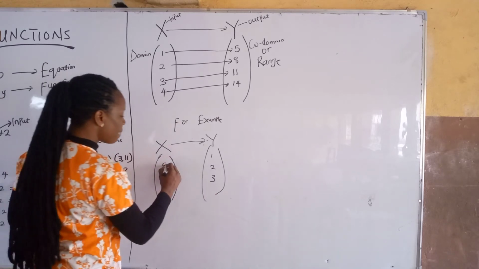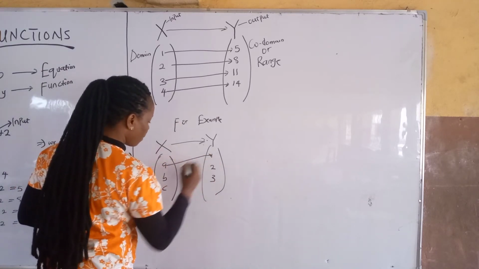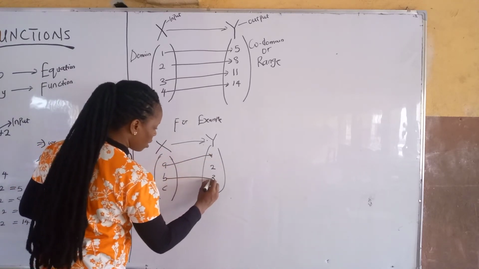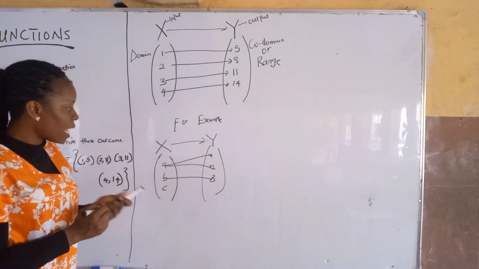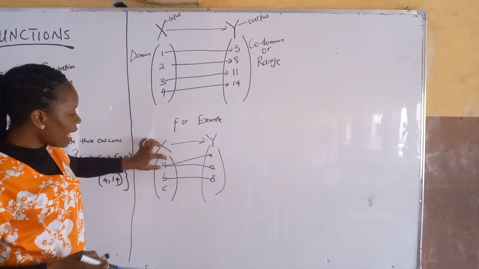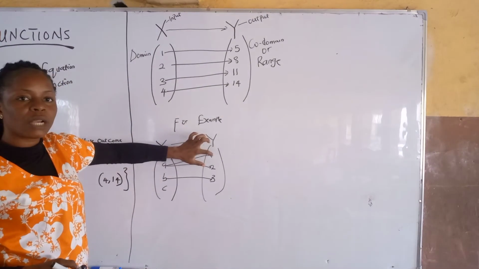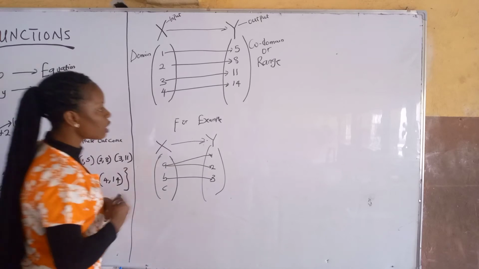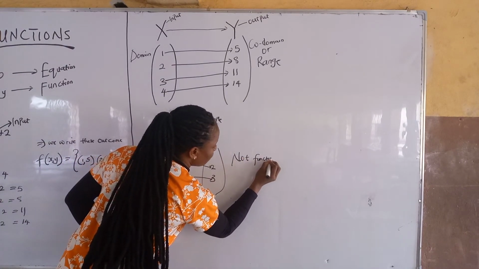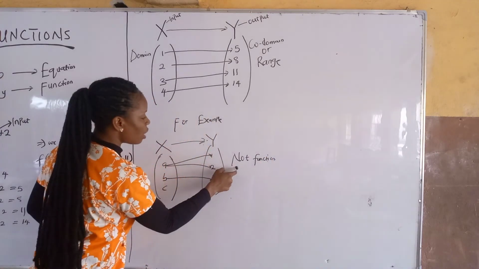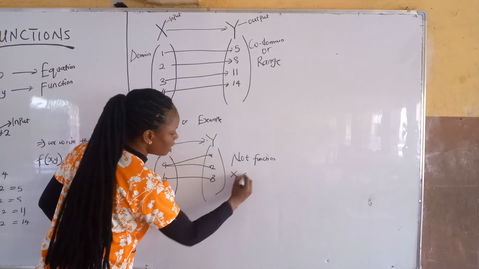Now, if this maps here, and this maps here, and this also maps here, please look at the board and look at the mapping. A is mapping to 2 images in the codomain. At this point, this is not a function. According to the definition of what a function is, this is not a function.